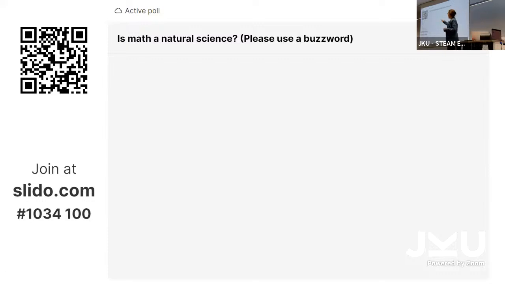Join Slido with this QR code. And it would be great if you only use a buzzword so that we can have a word cloud here.